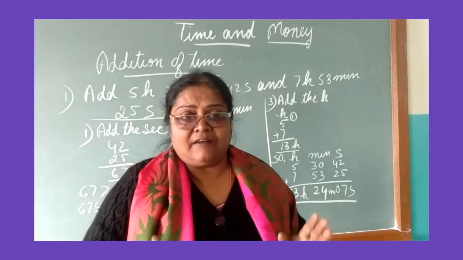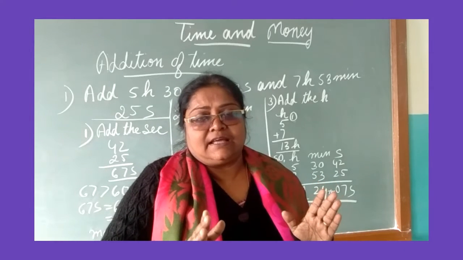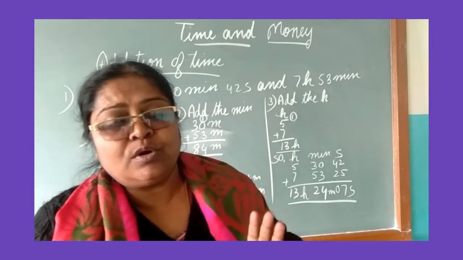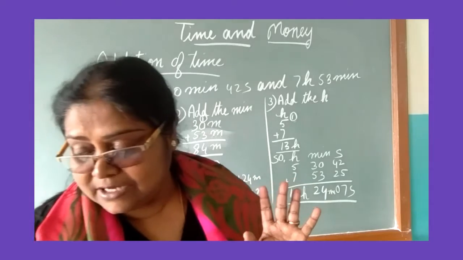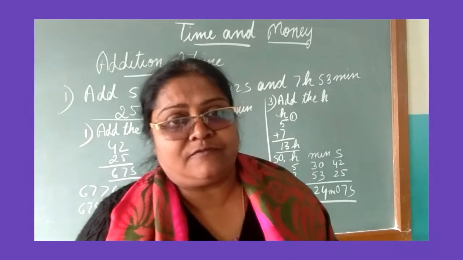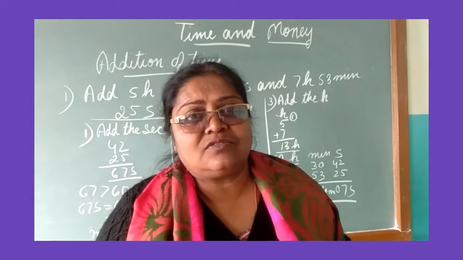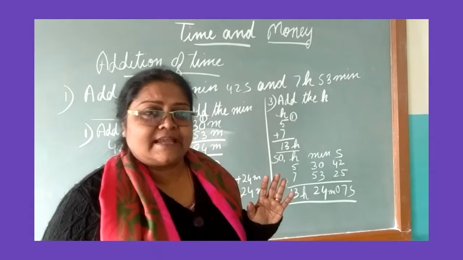That means when you add the hours and the answer is more than 60, what do you have to do? In minutes, if it is more than 60, then what do you have to do? And in seconds also, if it is more than 60, then what do you have to do? So let's start this addition.